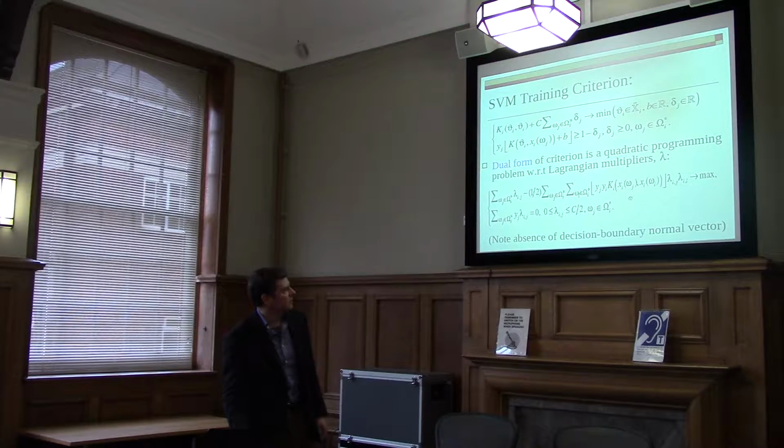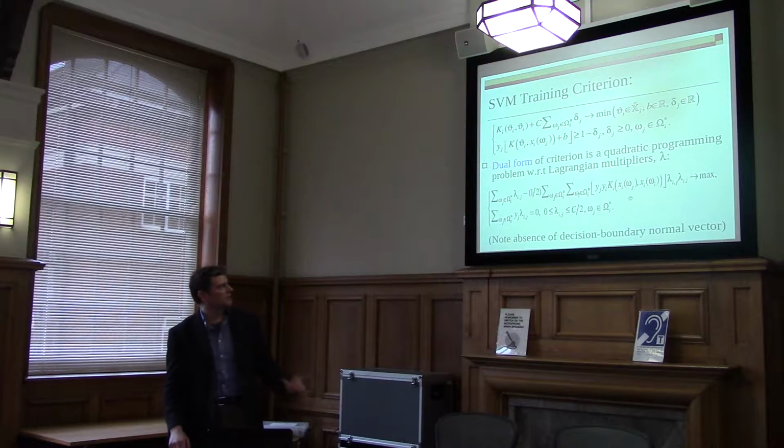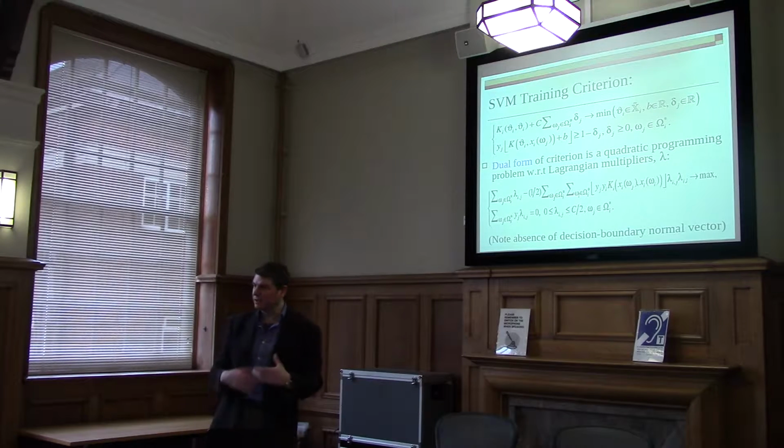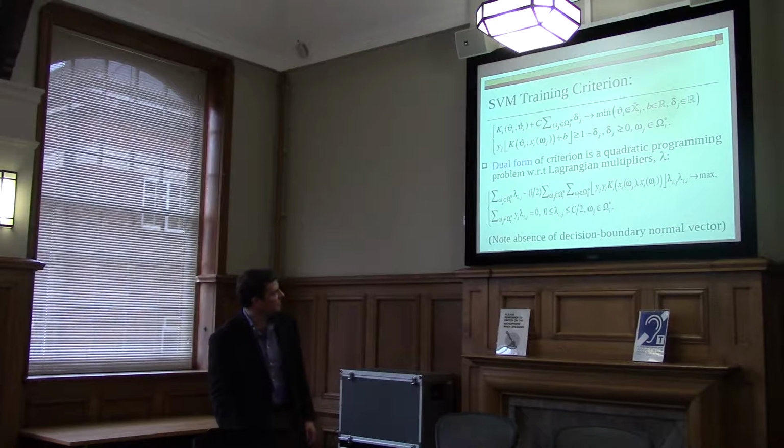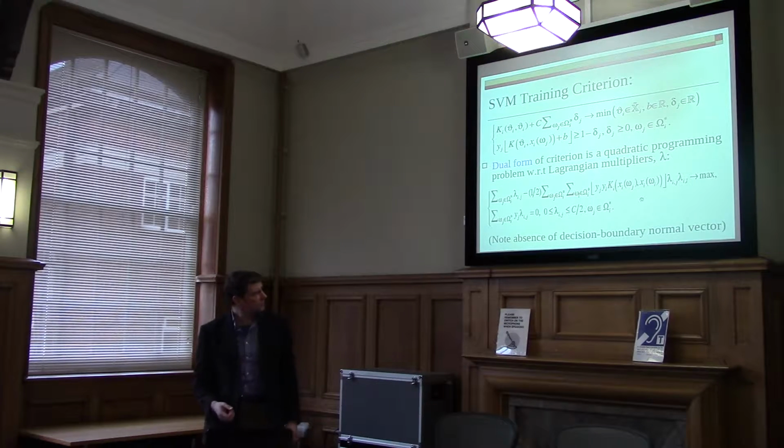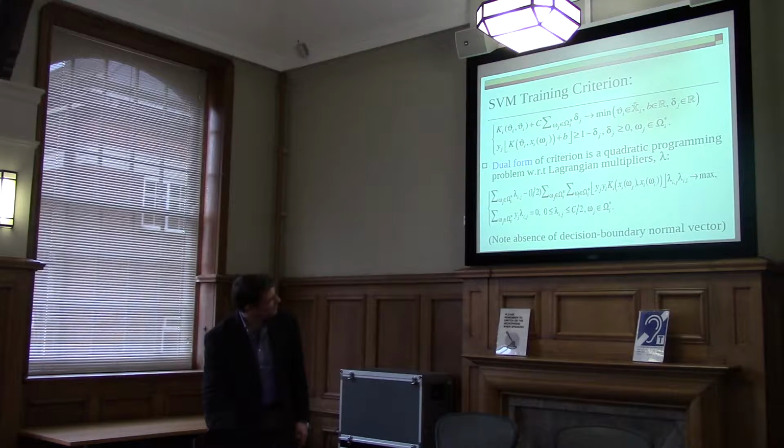So the key thing to notice is that what we don't have anymore is the actual orientation vector for the decision boundary. We only have these sums over kernel quantities with respect to the actual vectors of objects. So that is the optimization problem that we're now solving.